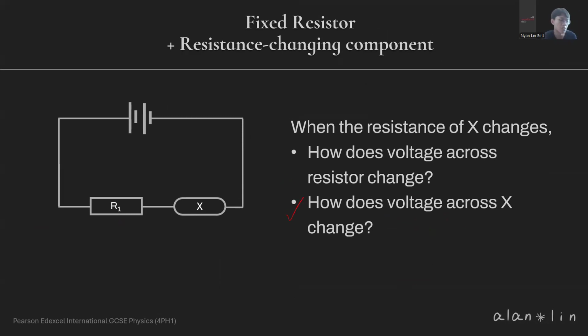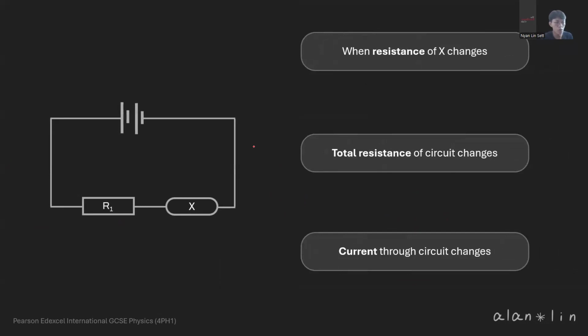Let's take a look at these steps. First of all, we're going to have to state how the resistance of the component X changes. In some mark schemes, they don't give a mark for that, but this is very crucial. In order to be able to answer the question further, we need to start from here.